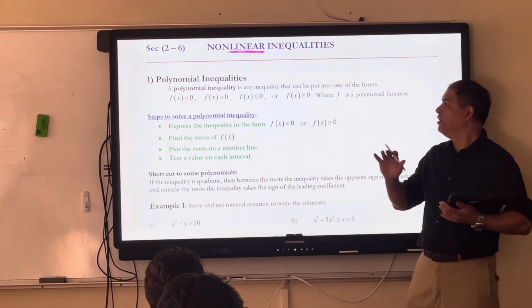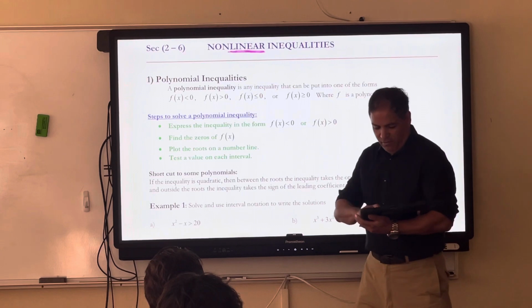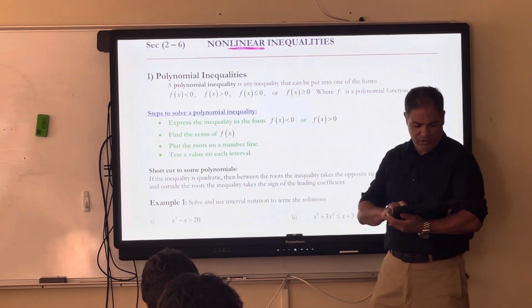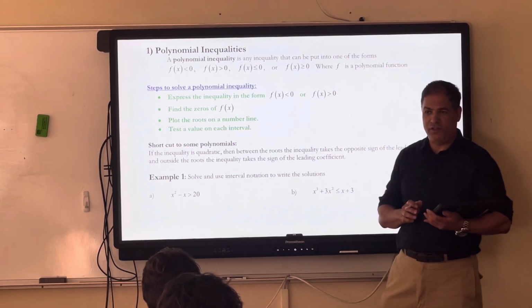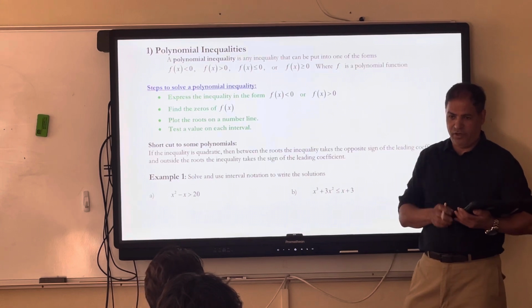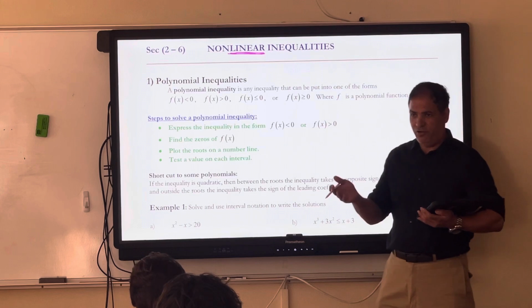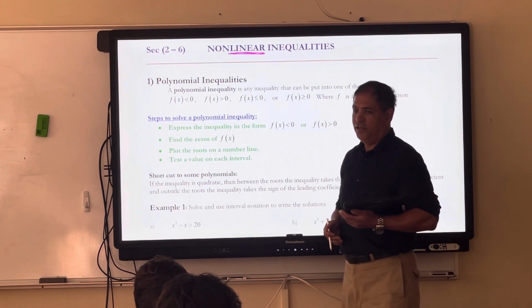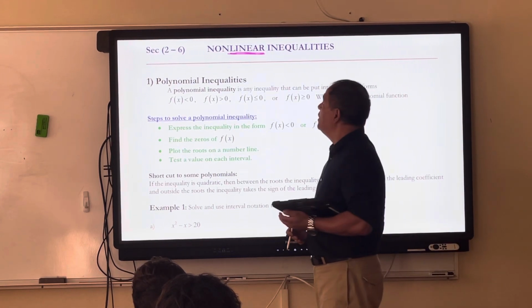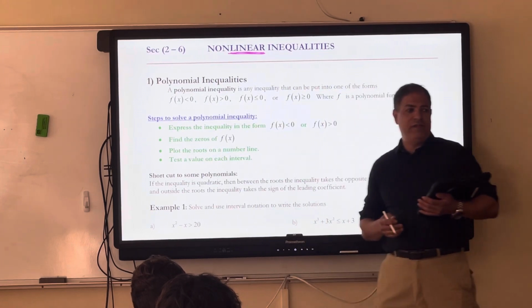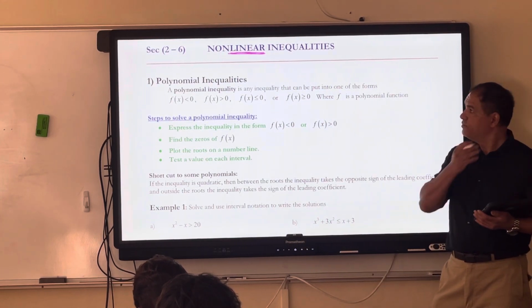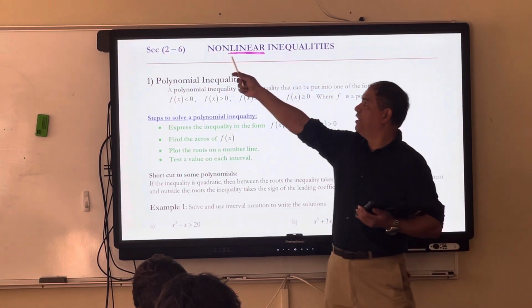Okay, so you look at the function or the equation or the inequality, and then you determine if it's linear by looking at the greatest exponent. If the greatest exponent of the variable x is 1, then we say it's linear. We learned in the past how to solve linear inequalities, but today it's going to be non-linear.